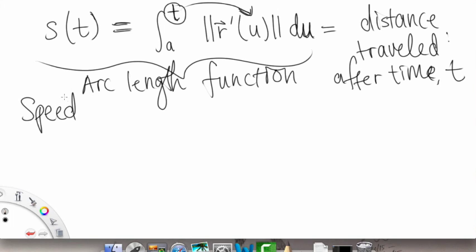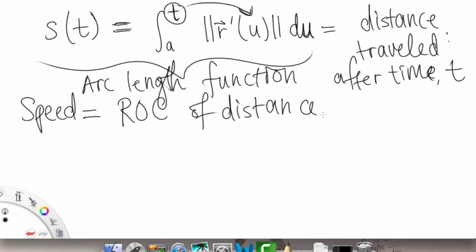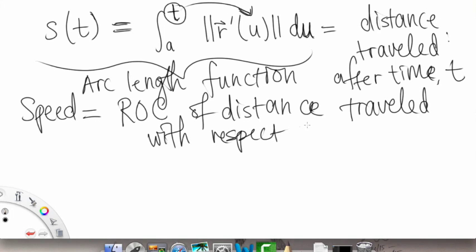How does it relate to speed? So speed is the rate of change, I'm just going to abbreviate it ROC, of distance traveled, and then here's an important part, with respect to time. Okay, so what this means is that we have a rate of change going on, so that'll be a derivative of something, and it says of distance traveled with respect to time.